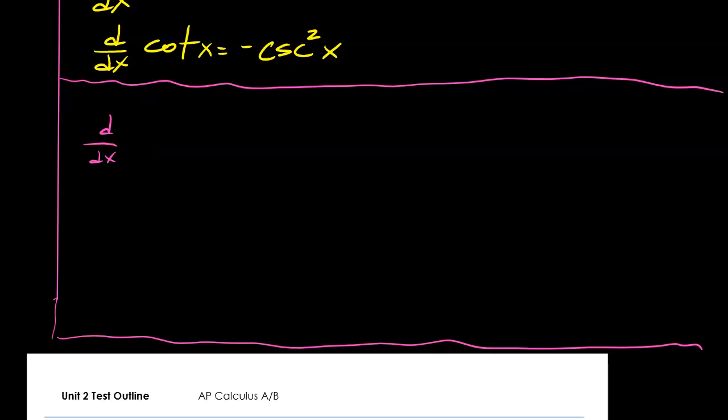I don't want to make it ridiculous, so sine and tangent? Maybe I should make this like cosecant tangent or something, so that it's only new ones we've done.